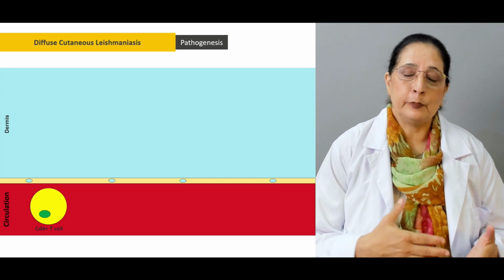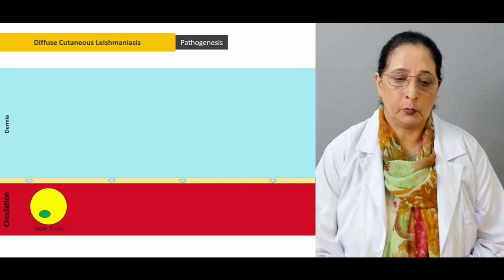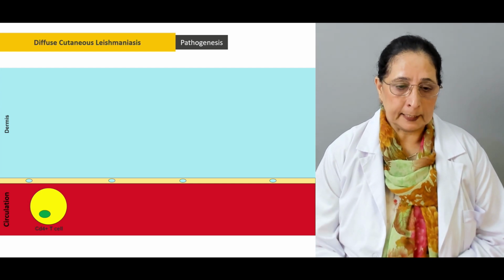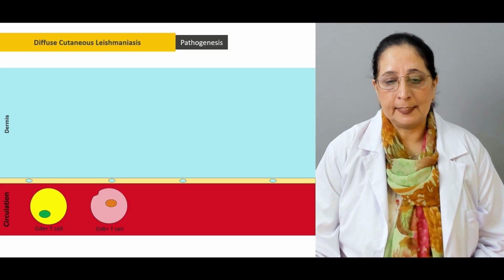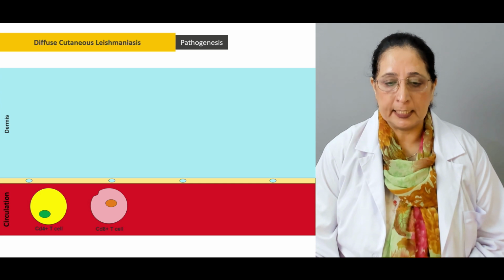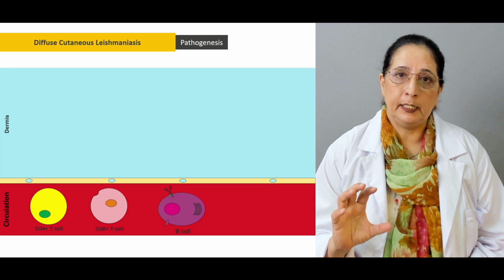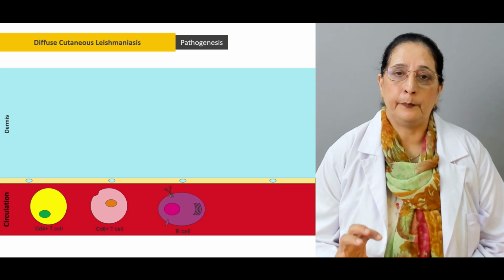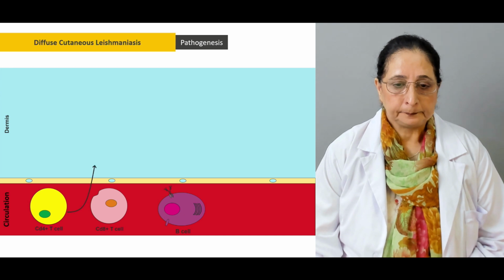We have B lymphocytes and T lymphocytes that play a very important role in the immune system. So CD4 T cells, CD8 T cells, and also the B cells are all important cells in the immune system.